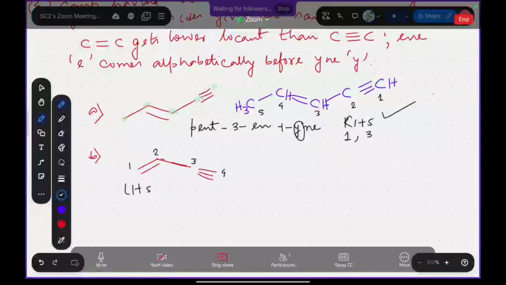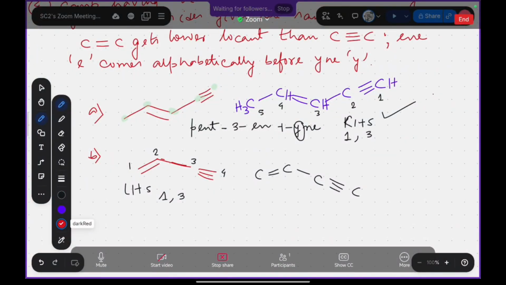The condensed formula is somewhat like this. This is the compound given to you. There is no side chain here. Let's see the numbering. From the left hand side it comes to be 1 and 3. And if it is numbered from the right hand side, then what happens?